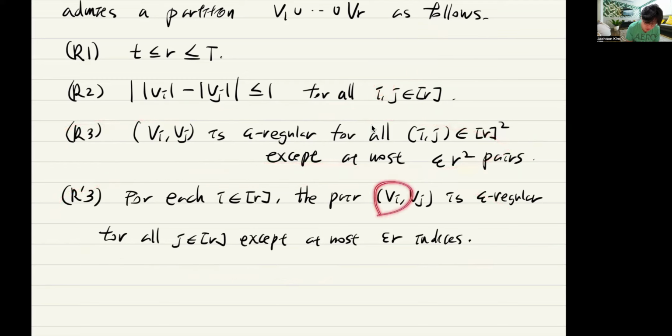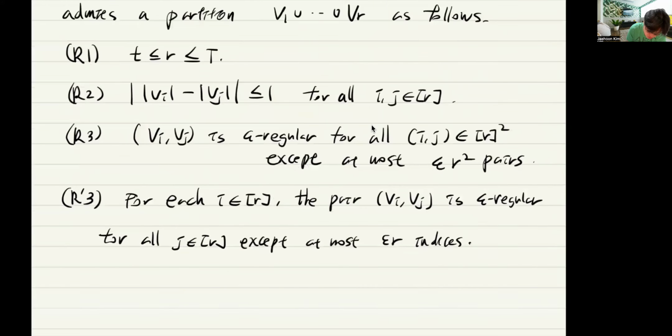For each i, Bi is locally good in the sense that it is epsilon regular with Bj for most choices. When we say equitable partition, it's a partition that satisfies that.